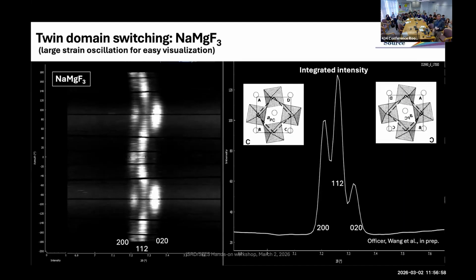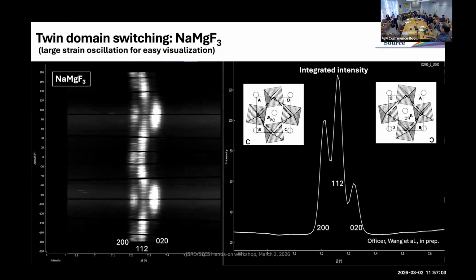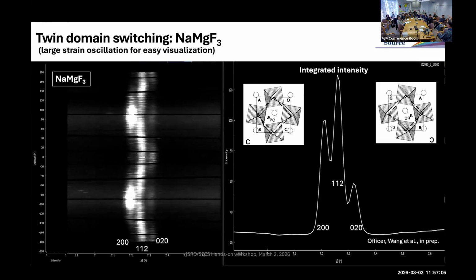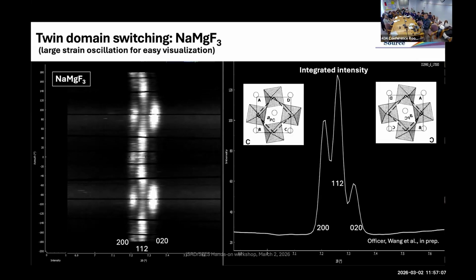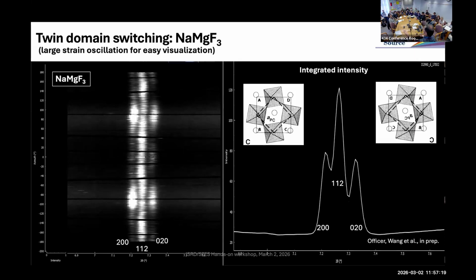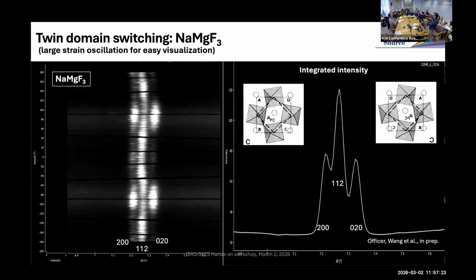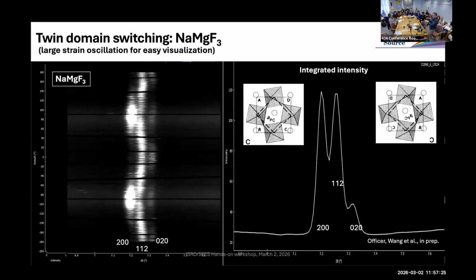And so this is one analog, Bridgmanite. As you oscillate, you make the sample shorter and longer, and you can see this diffraction peak actually changing back and forth. That is because you're actually twinning the sample. The lattice changes, the A and C axes are changing due to the stress.